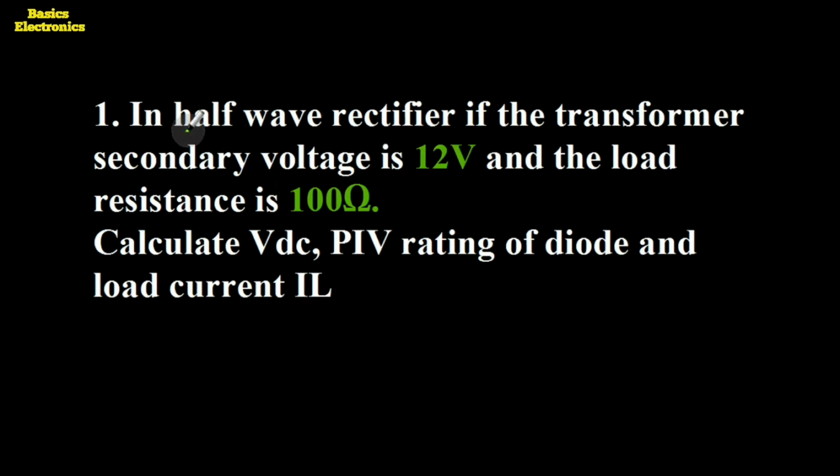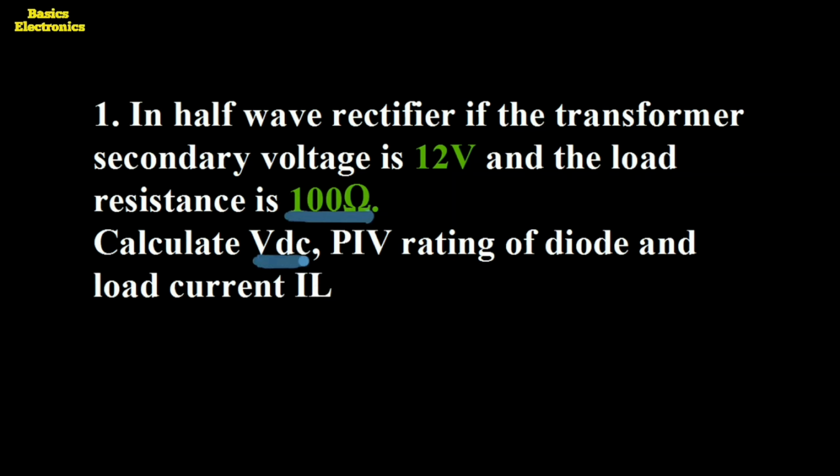The example is like this: in a half wave rectifier, the transformer secondary voltage is 12 volts, and a load resistance of 100 ohm is connected.